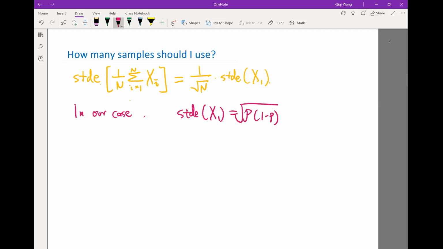So when x is a 0, 1 random variable, being 1 with probability p and 0 with probability 1 minus p. So the standard error of n samples is going to be 1 over square root of n, or if I just put everything in, it's square root of p times 1 minus p divided by n.